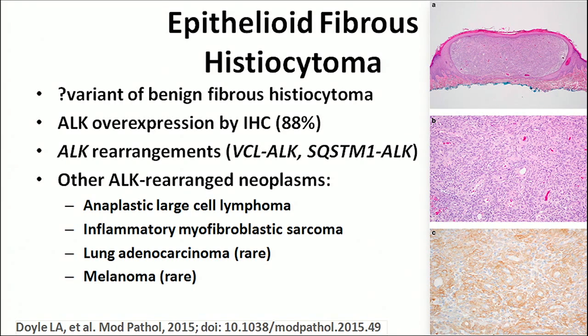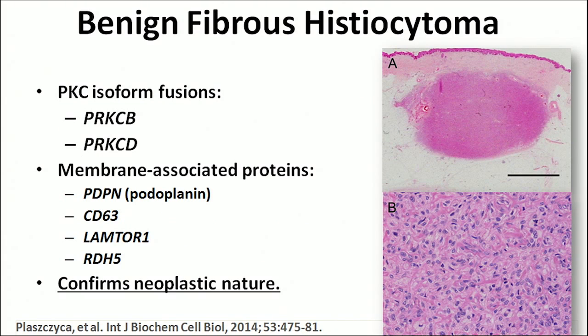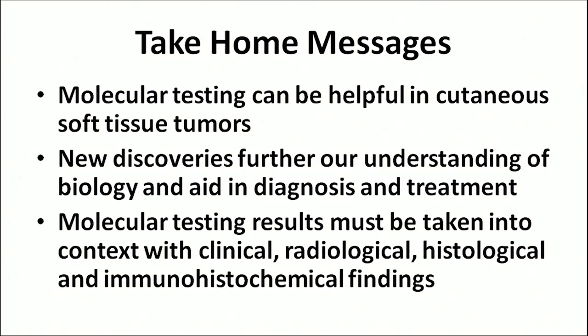But just be aware that you can see this, and these do have those translocations. And then another one that many would have suggested, in various forms, might have been reactive: benign fibrous histiocytoma. The classic cases have protein kinase C isoform fusions causing overexpression of PKC that seems to drive their development. So this kind of confirms their neoplastic nature.